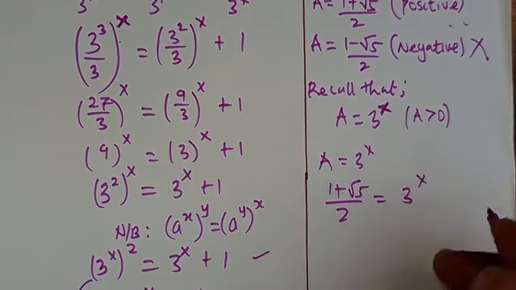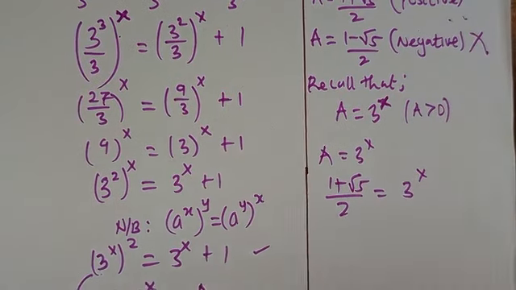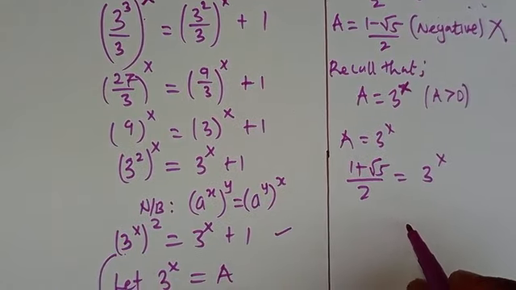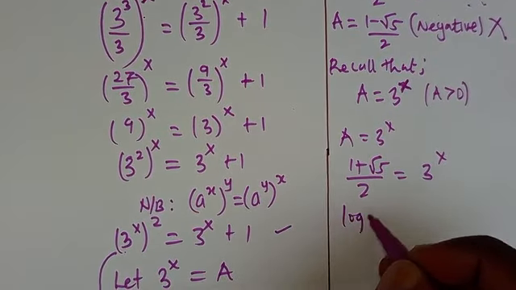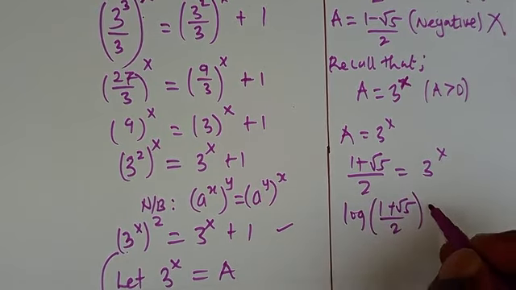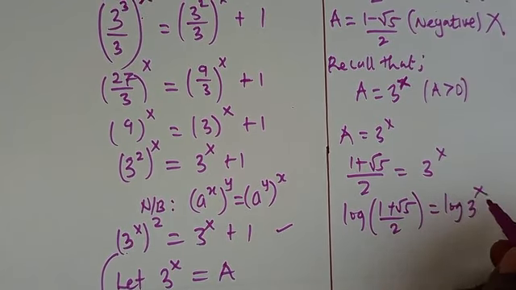So now from there we are going to introduce a log with respect to base 10 here. This is going to be log of (1 plus root 5) over 2 equals log 3 to power x, right?